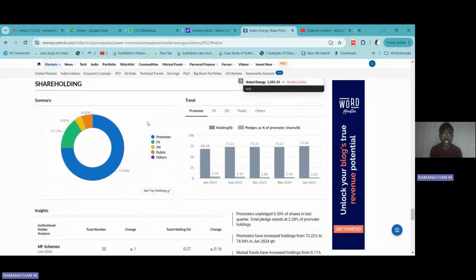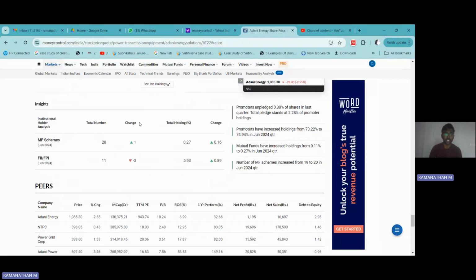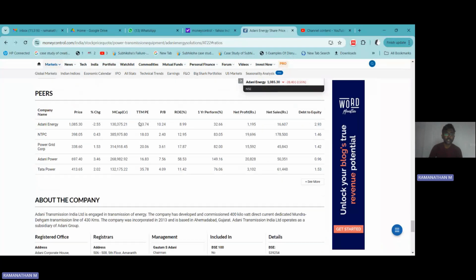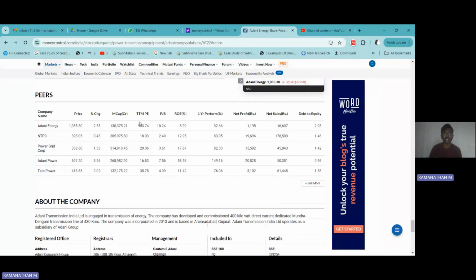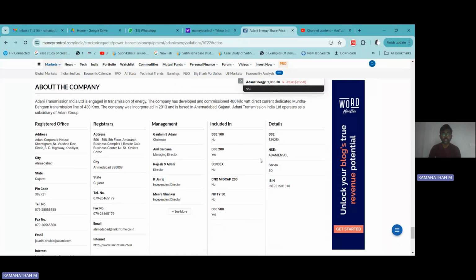Foreign institutional investors, meaning foreign banks, have invested nearly 16 percent. DII, domestic institutional investors like Indian banks, hold nearly 4 percent, and other retail investors have invested 0.02 percent. You can also see debt to equity ratios, compare with peers, see the net profit, and view the peer details.